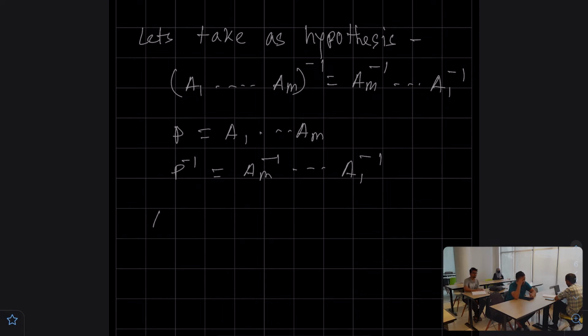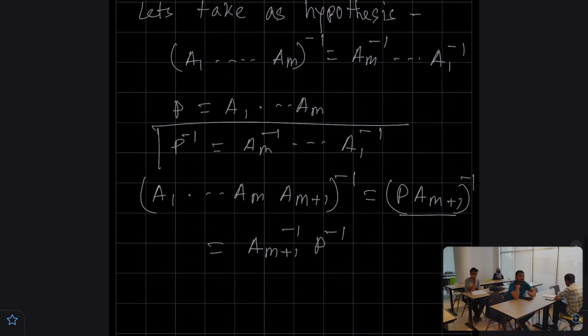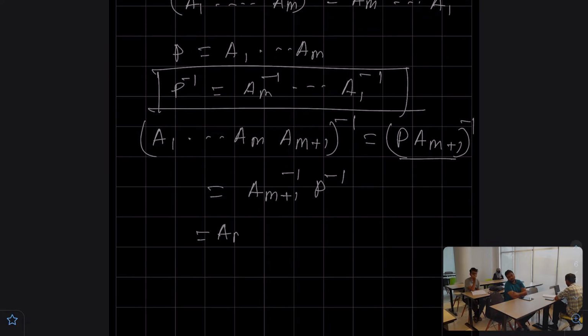And then what will this be? A1 ... Am, then Am plus 1 inverse, is simply P Am plus 1 inverse, and using the definition of the previous theorem, this is Am plus 1 inverse P inverse. But P inverse is this, so this is Am plus 1 inverse Am inverse ..., right? So we can show that if it is satisfied for any m, then m plus 1 also satisfies. Okay.